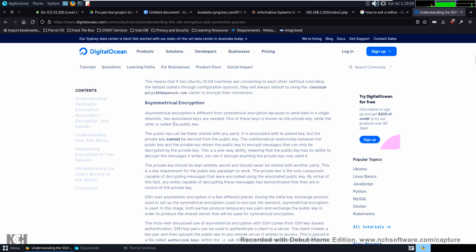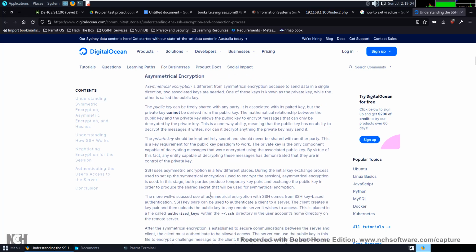Asymmetrical, okay, is different from symmetrical encryption because they send data in a single direction. SSH uses asymmetric encryption in a few different places during the initial key exchange process, used to set up the symmetrical encryption, used to encrypt the session. Asymmetrical encryption is used. Okay.